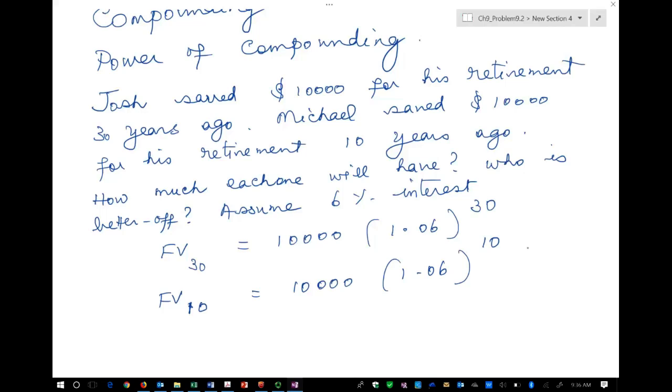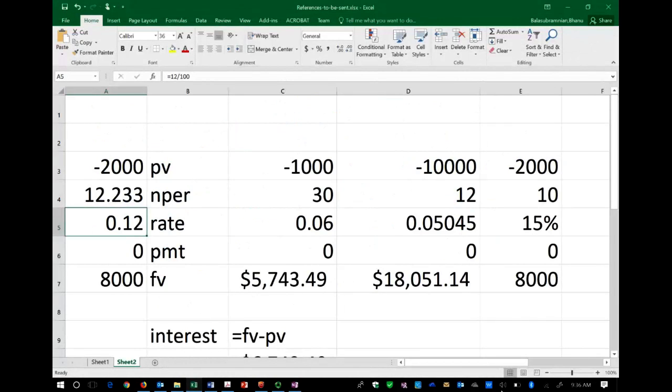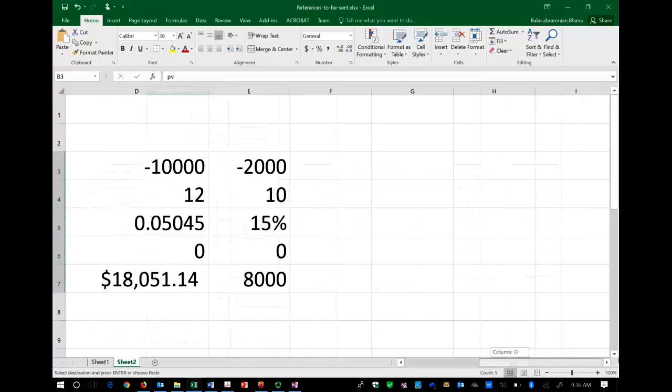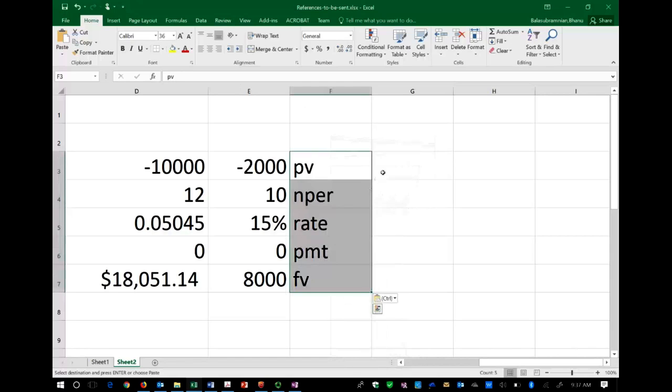So, let us put that in our Excel spreadsheet and see what we get. I will copy and paste this again so that we get the variables.